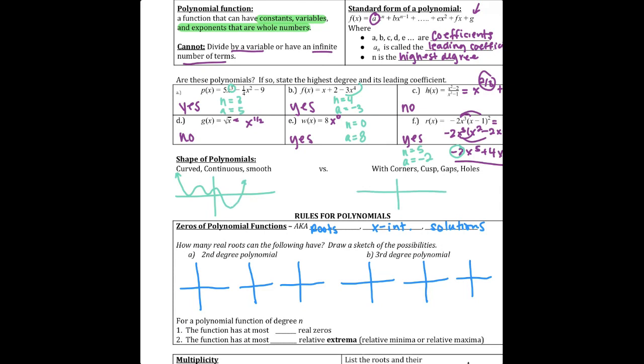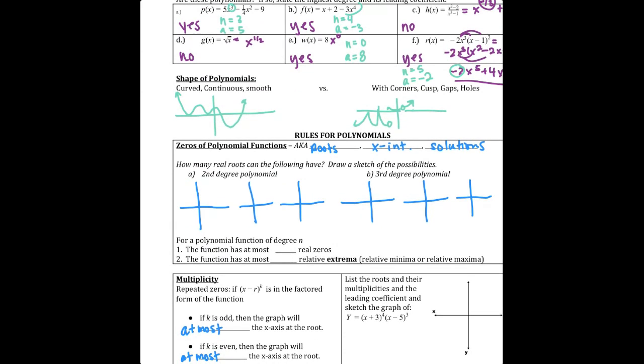So a corner or a cusp or a hole. Or also a hole could look like this, just a spot taken out of the graph, like that. So still connecting, but a spot taken out of the graph. So make sure they're nice and smooth like the left and not like the right.